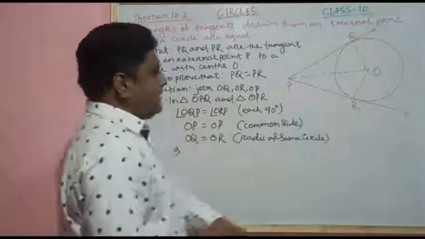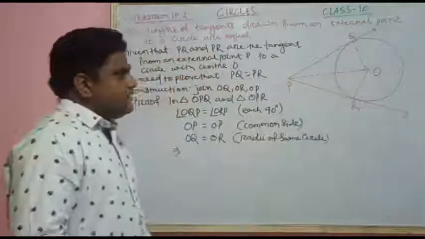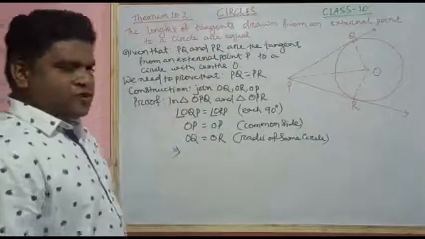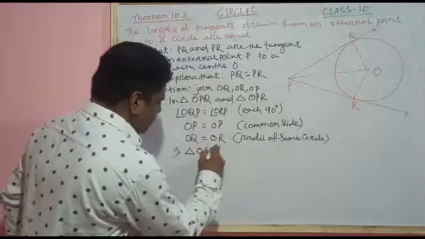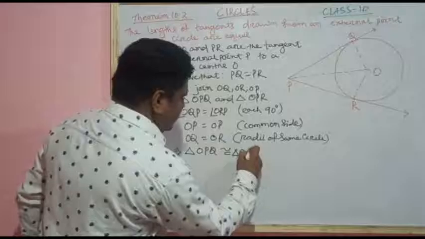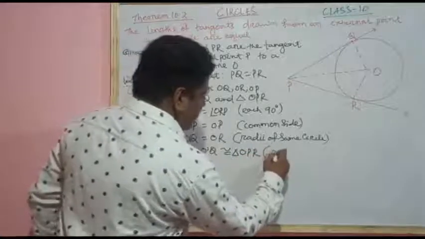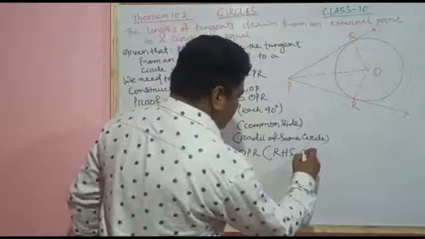So by the right angle, hypotenuse and side criterion for the congruence of triangles, we can write triangle OPQ is congruent to triangle OPR.